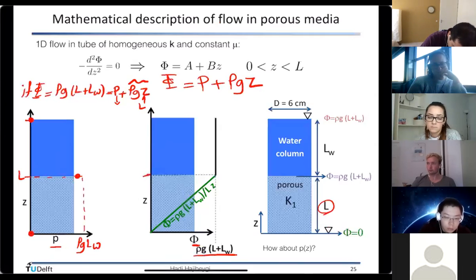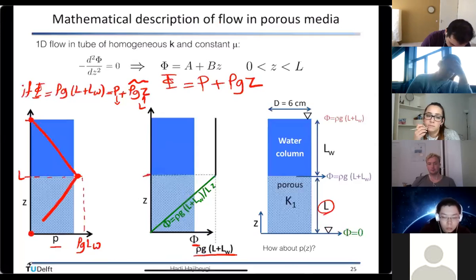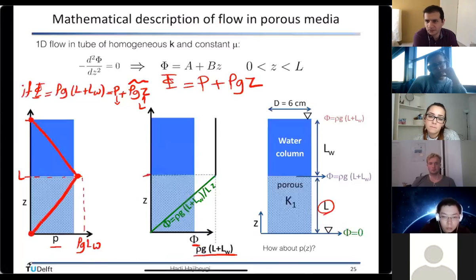That's the pressure, and it's true because it's like hydrostatic pressure. You go LW inside the water, so that's the static pressure you feel. So the pressure from the top to the cross section becomes this, and then from the cross section to the end of the sample, pressure becomes that. This is not the most straightforward plot that you would assume.